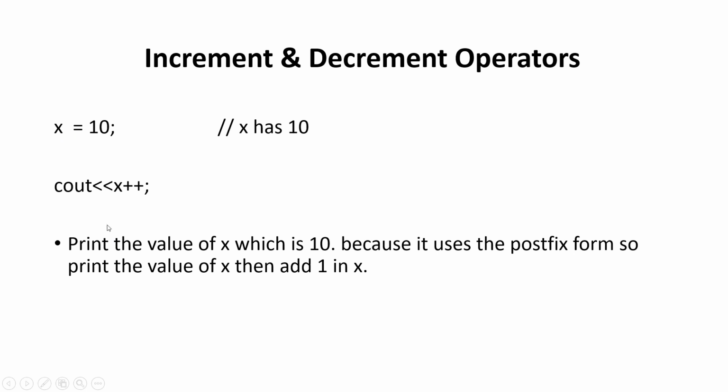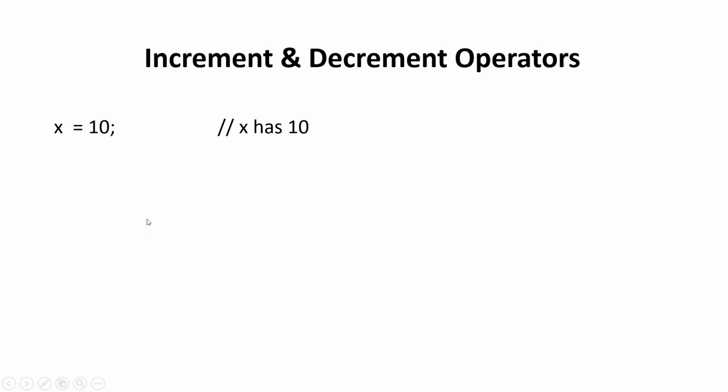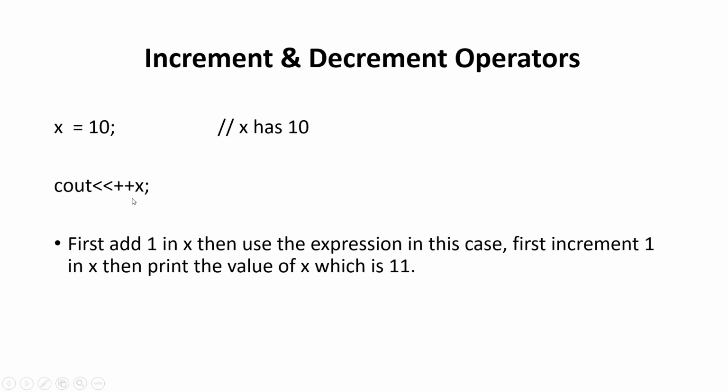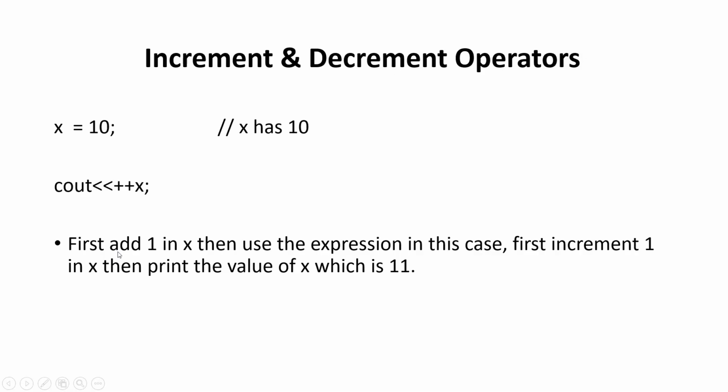If I do x equal to 10 and we print x++, I have done it practically to show you the difference in both. It will show the value 10. And if I do it again, its value will be 11. So this is the difference.